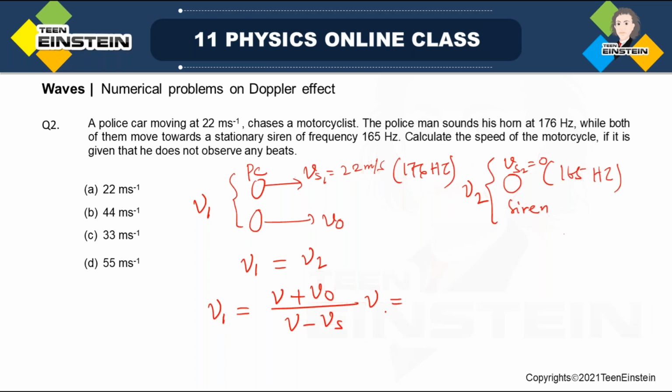This is the formula when both of them move towards each other. But when they move in the same direction, here it will be a minus sign, because the relative velocity will be less when they are moving in the same direction.